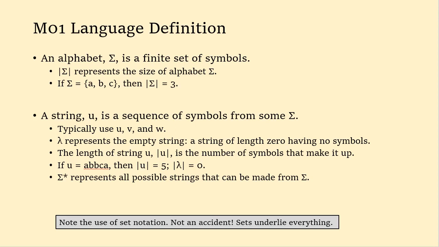The length of the string U is represented, again borrowing from set notation, as vertical bar, name of the string, vertical bar, and I'll usually pronounce that as size of U. So if U is equal to ABBCA, then the size of U, or the length of U, is equal to 5, and the length of lambda, or the size of lambda, is equal to 0 because it's the empty string. Now the empty string is actually going to be important. We're going to use that a lot.